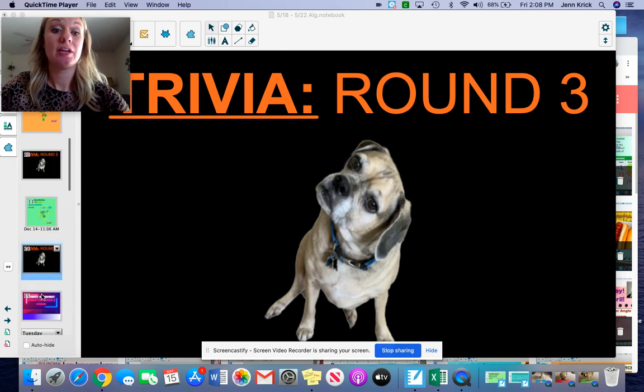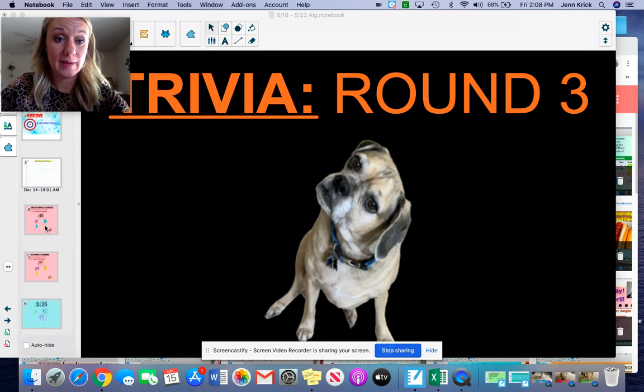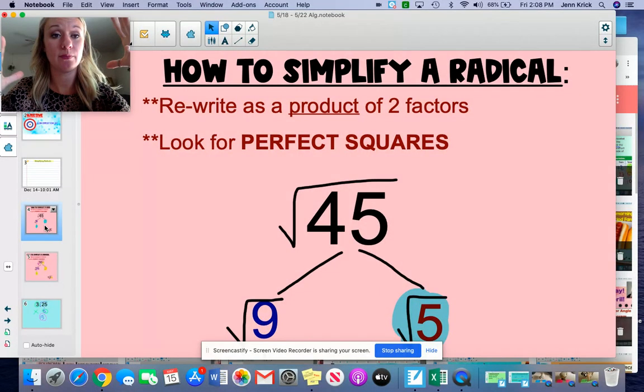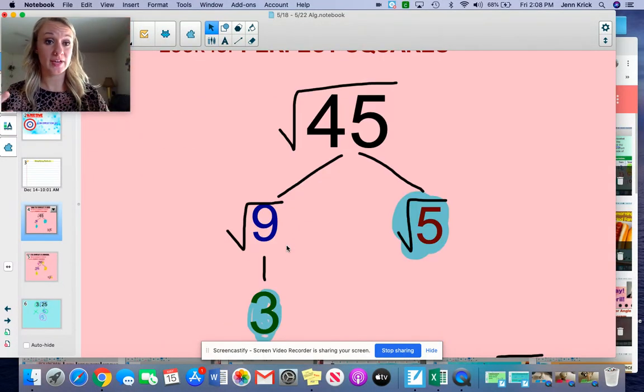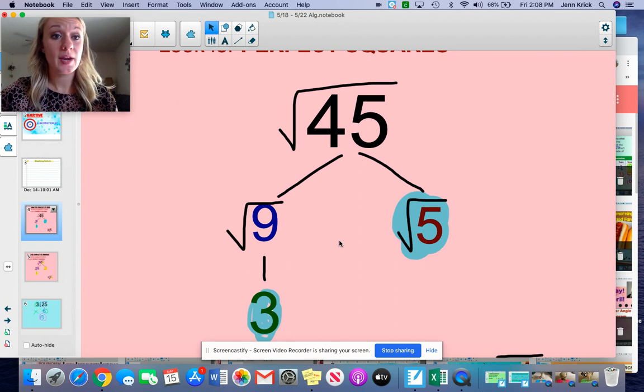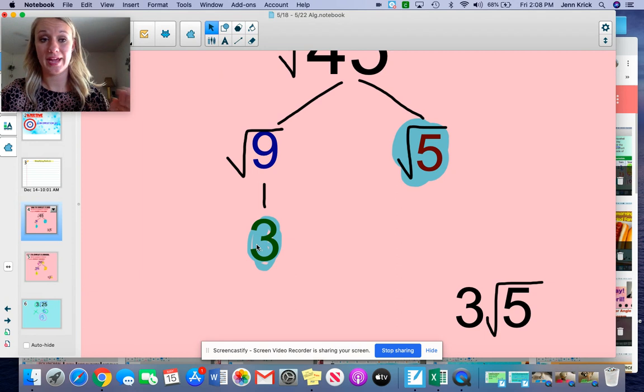All right, guys. So before we close out for today, let me just recap a few things. When we're simplifying radicals, what you're really looking to do is factor it and break it down. Once you find a factor pair with hopefully one of those factors being a perfect square, you're going to want to highlight whenever you get as far as you can go. Like when I did this 45 and I found square root of 9, square root of 5, I know I can simplify this further to a regular 3, and that's as far as I can go, so I highlighted it.